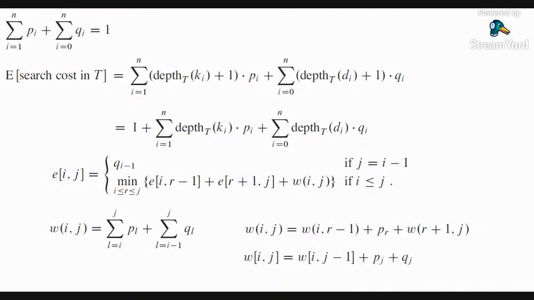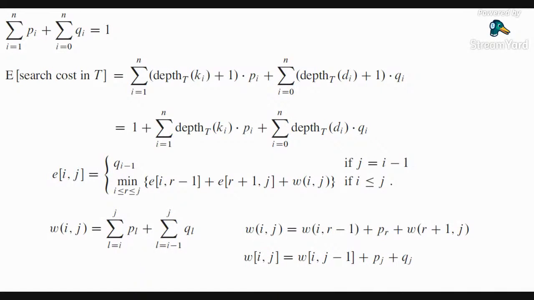For an example, if the value of i is equal to 2 and the value of j is equal to 5, how many keys are considered? 4 keys are considered: K2, K3, K4, and K5. And how many unsuccessful keys are considered? Unsuccessful keys start from i minus 1, that is D1, D2, D3, D4, and D5.